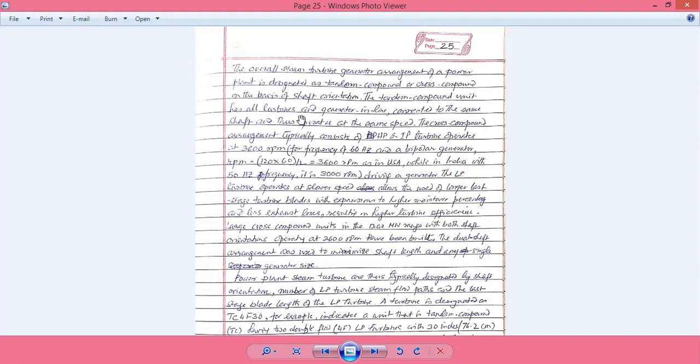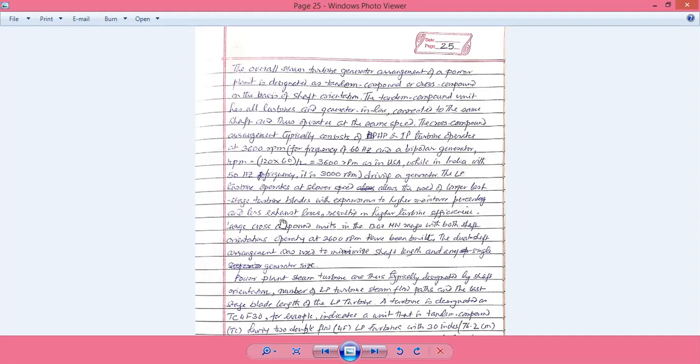A cross compound typically consists of high pressure and low pressure turbines. At 3600 rpm for a frequency of 60 hertz, as in the USA, a bipolar generator runs at 3600 rpm. But in India, where a 50 hertz frequency is required, this is equal to 3000 rpm.